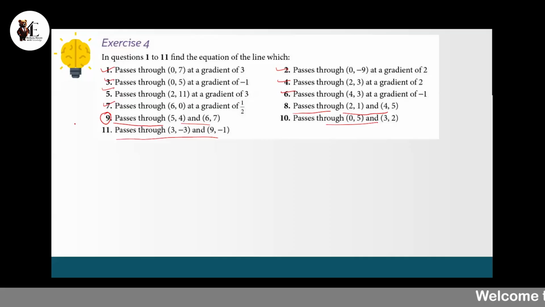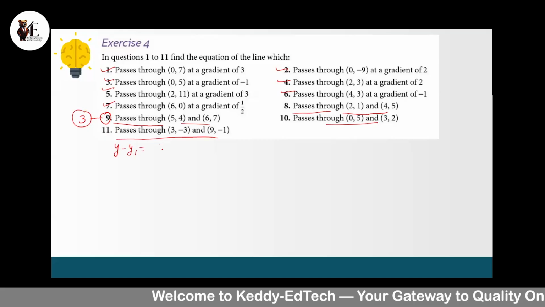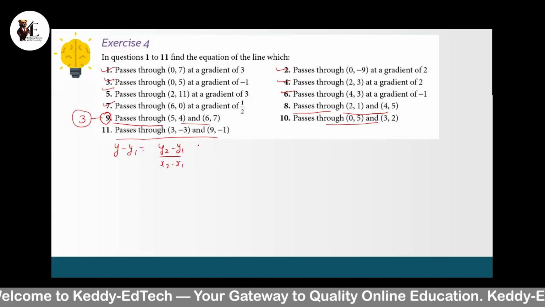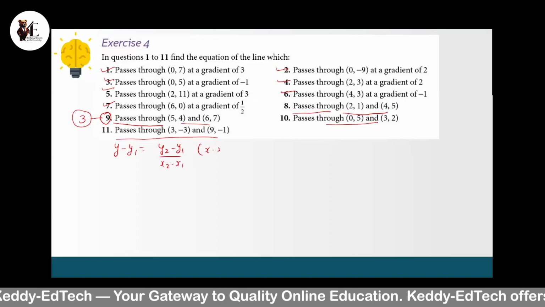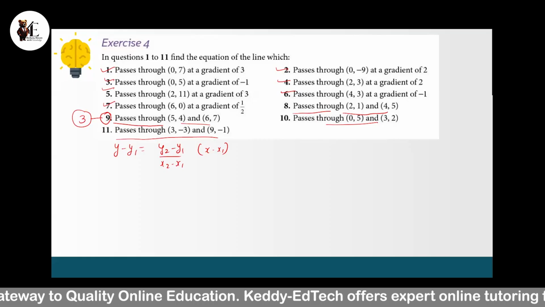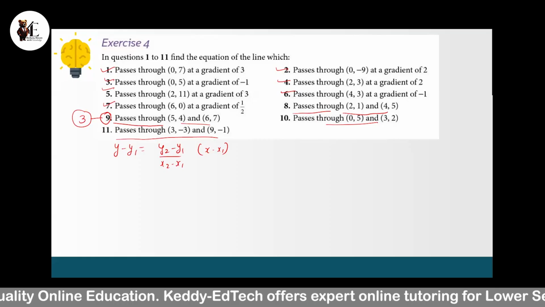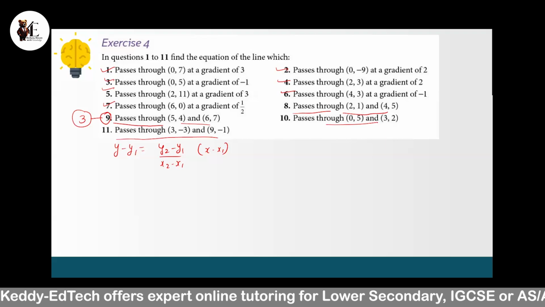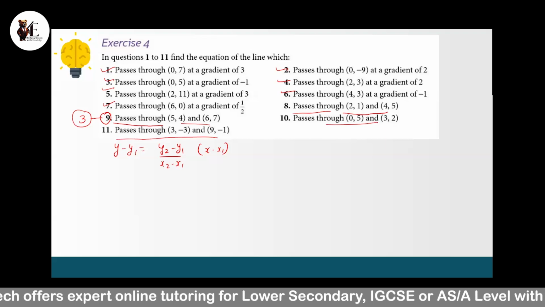Okay, so now please try question number 9. You have to form the equation. The answer should be in the form of an equation. So, okay, I'm writing the formula. Have you used this formula, or have you used a different one?